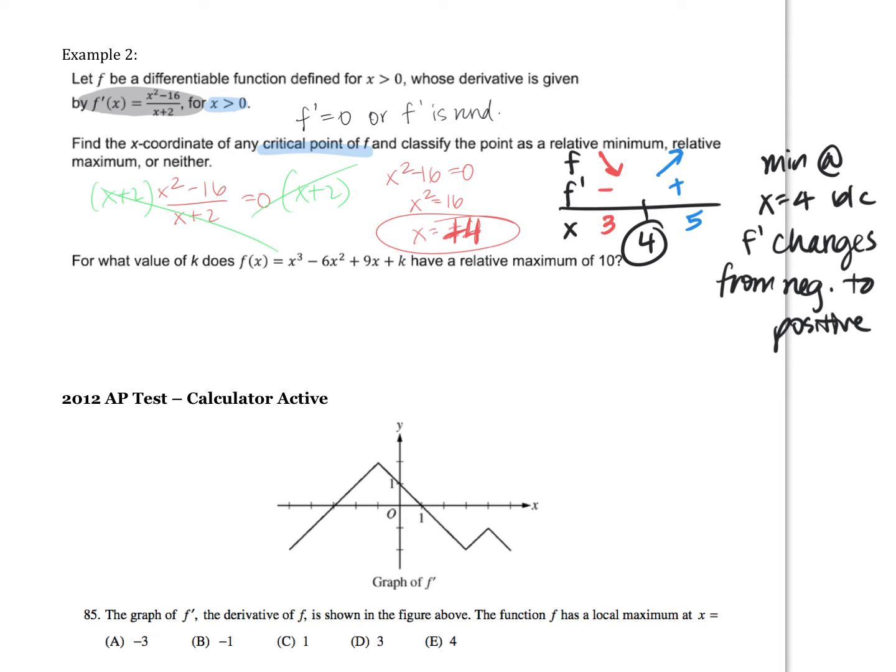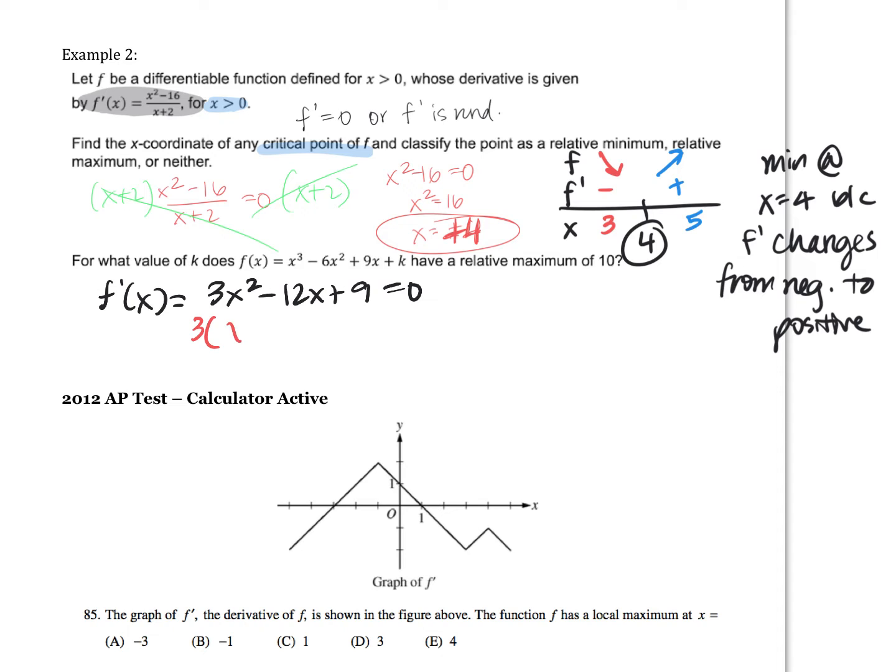What would f prime be of this function? 3x squared minus 12x plus, and k is a constant, so what's that derivative? 0, right? Okay, if it changes from positive to negative, it's going to have to go through 0. So let's see when this is equal to 0. How do we factor that? What are we taking out first?